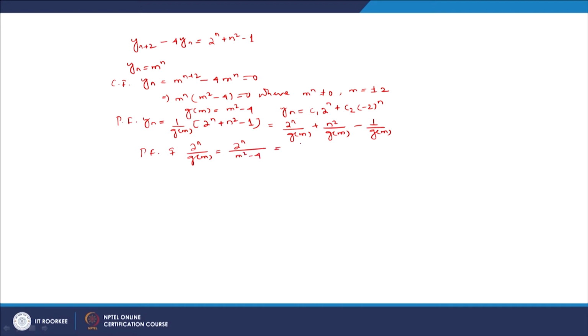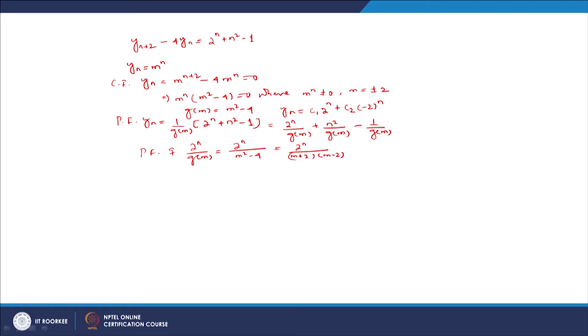This can be written as 2 to the power n by m plus 2 into m minus 2. First we will do partial fractions to get the independent forms of m plus 2 and m minus 2 in the denominator.